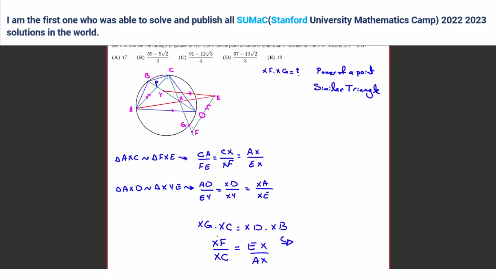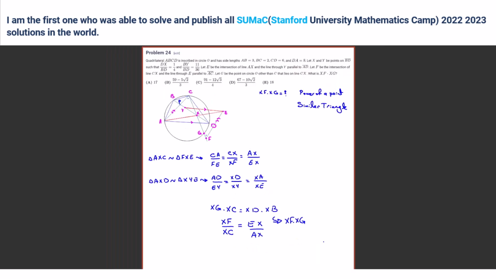If we multiply, do you agree we can cancel XC? So XF times XG is equal to XD times XB times EX over AX, right?